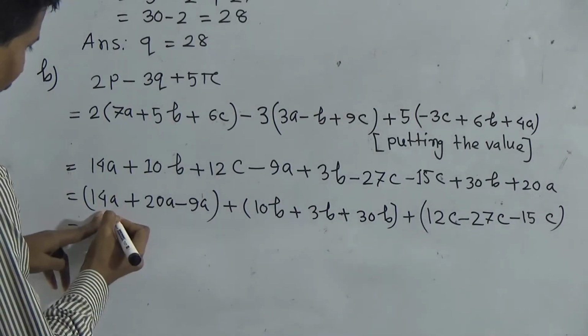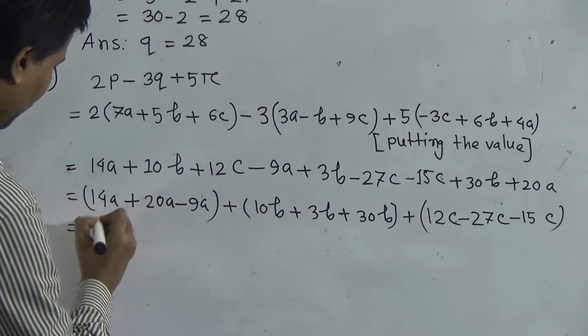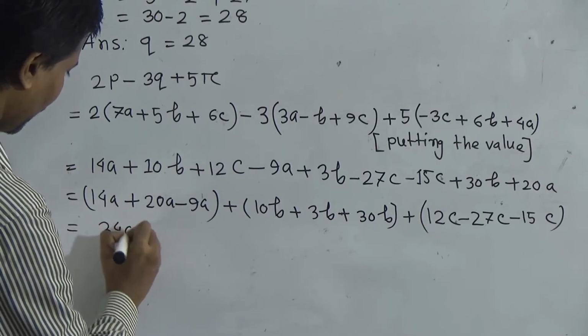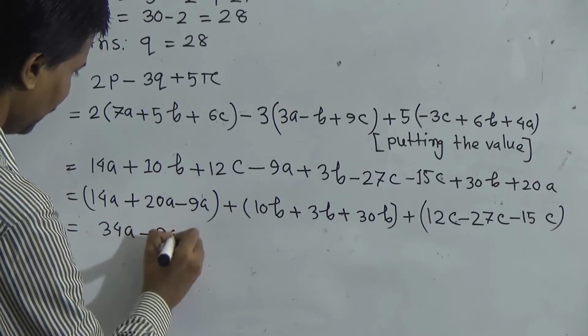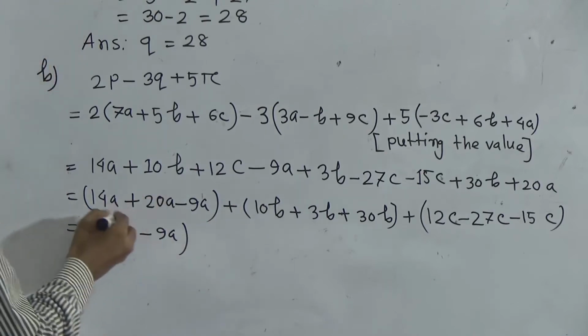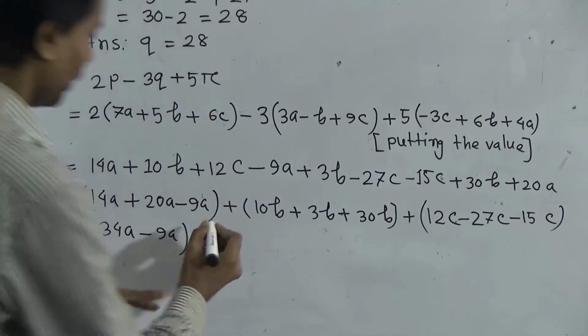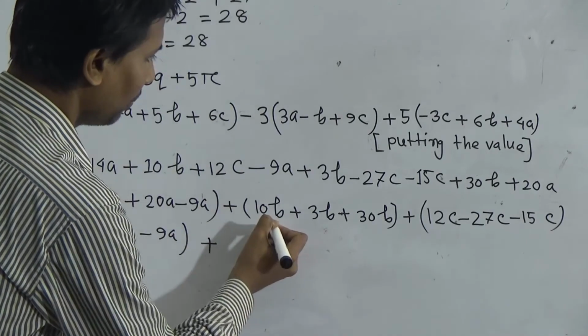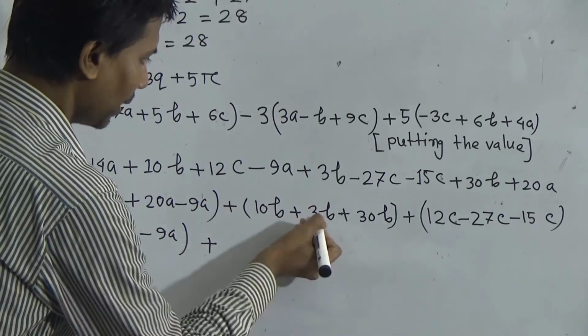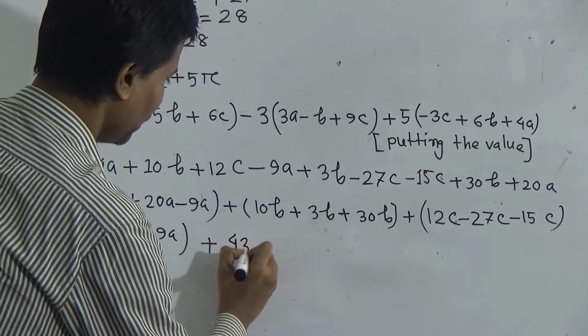Now 14A plus 20A, this is equal to what? 34A minus 9A. Now plus 10B, 30B, 40 plus 3, that means 43B.